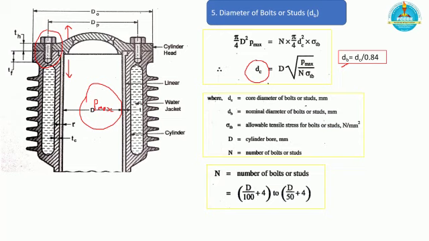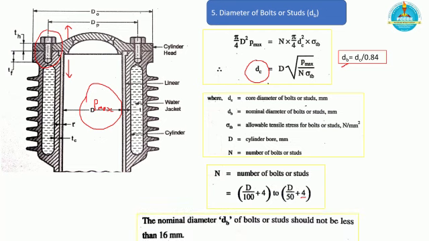The number of bolts is usually taken from an empirical relationship. It is taken in the range of bore diameter upon 100 plus 4 to bore diameter upon 50 plus 4. Usually the number of bolts should be in multiples of 4. That is why this 4 is being added.